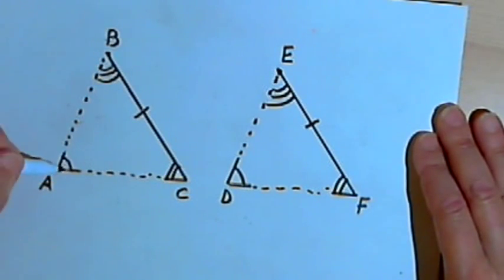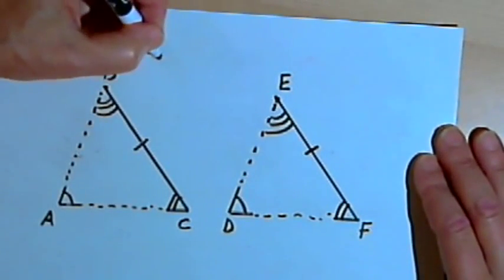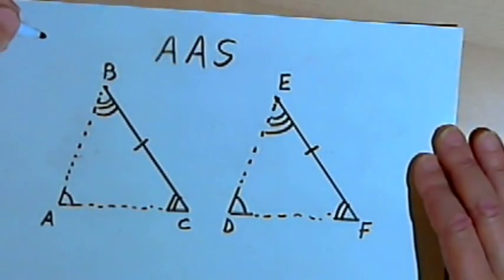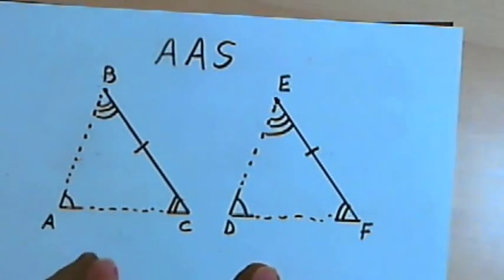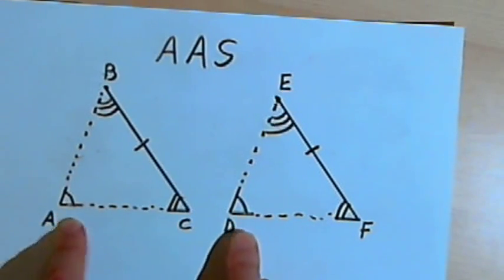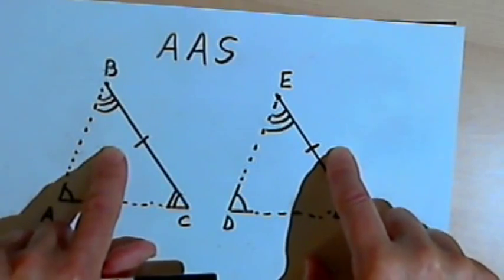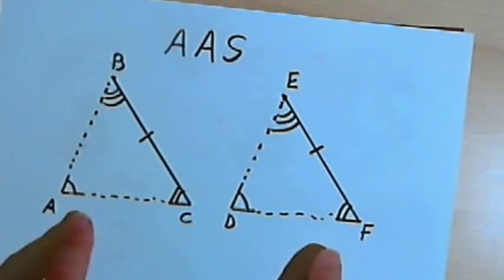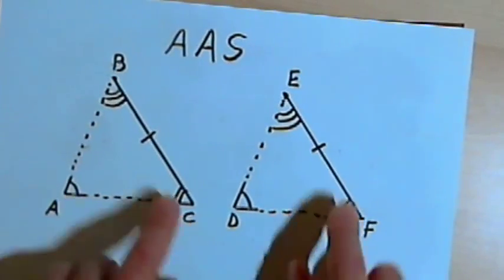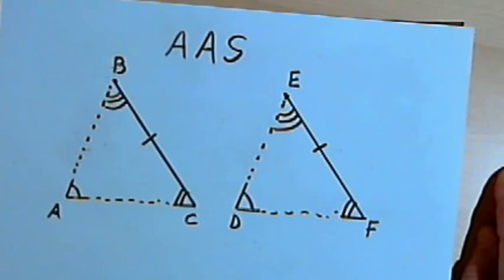But I started out just knowing that they had angle, angle, side. So that means I can say that there's a congruence that we'll call angle-angle-side congruence. If you have two triangles, a pair of congruent angles, another pair of congruent angles, and then a pair of congruent sides that aren't even between those two angles, these triangles are going to be congruent also.